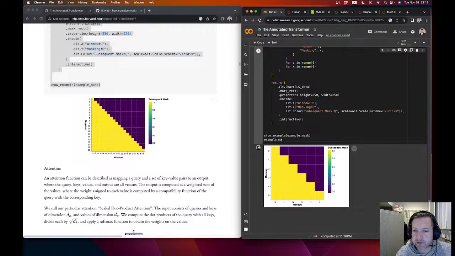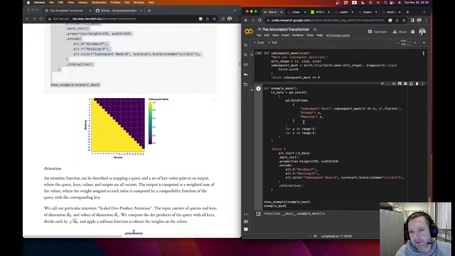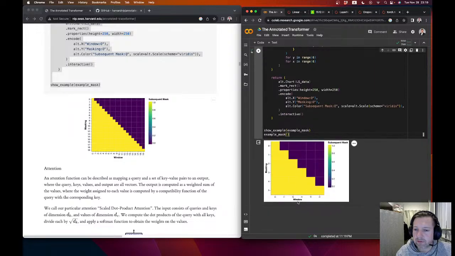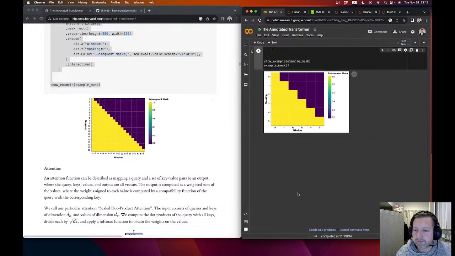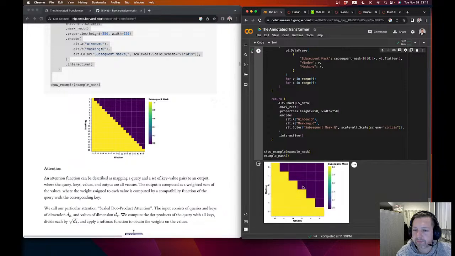Okay, no, autocomplete. Example mask. Okay, so show example. Example mask. What? Example mask return. Okay, interactive. I see.